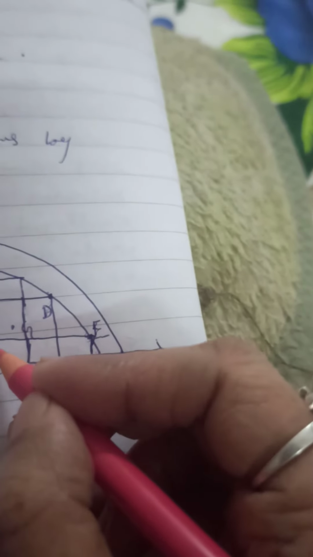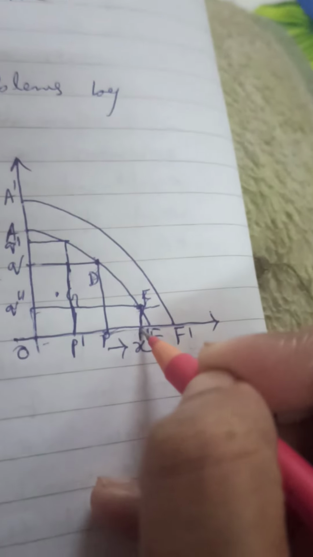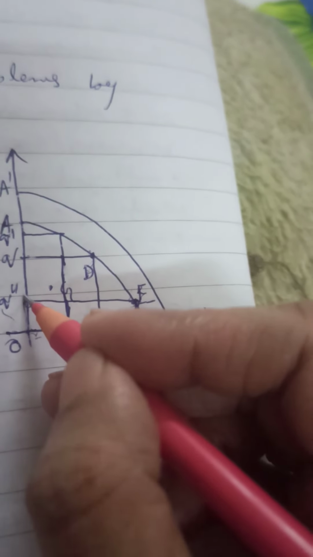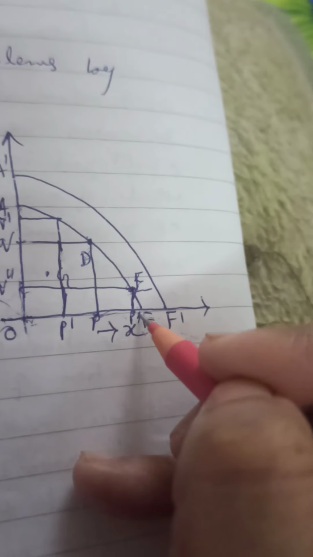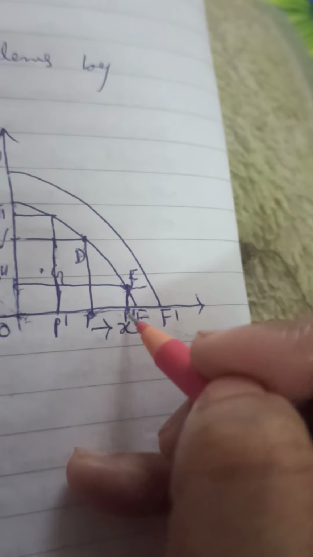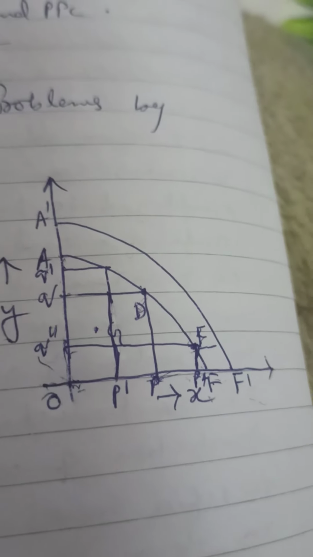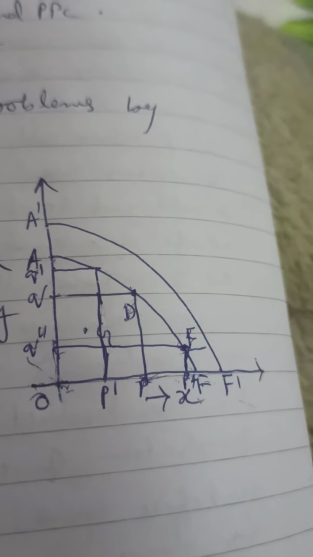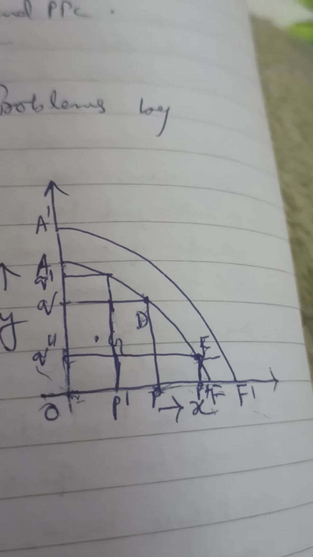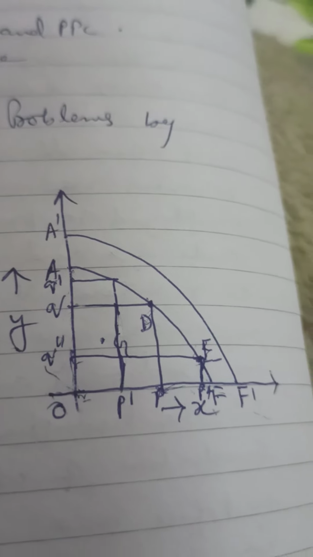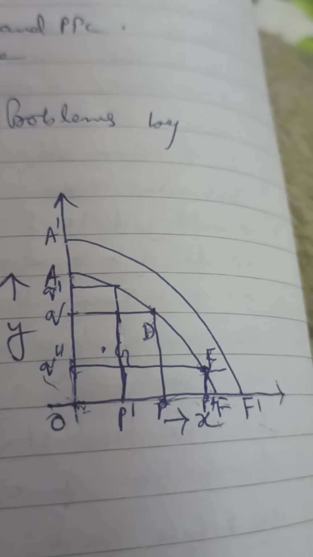So we have reduced the production of Y and increased the production of X. This also represents our choice to produce more for civilians and less for the military.